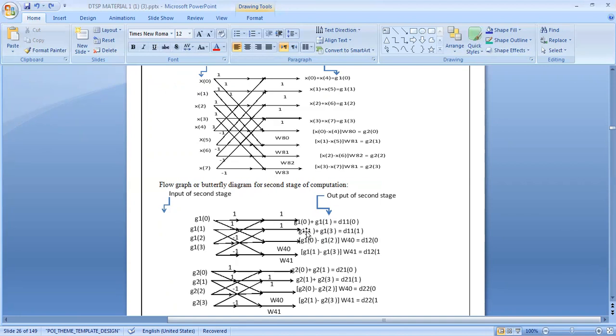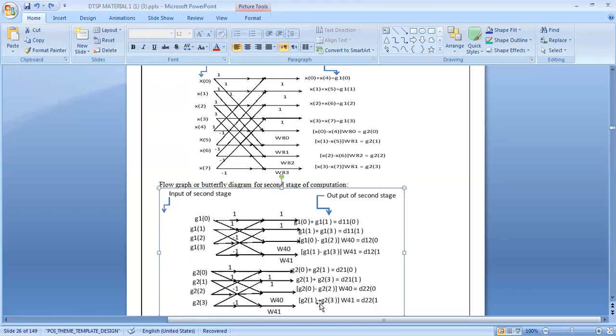What we'll be doing here is adding the values of G1 of 0 and G1 of 2. The next one will be G1 of 1 plus G1 of 3. Then the other values have to be subtracted and multiplied with the twiddle factor. Similarly, we perform for G2 of 0 plus G2 of 2, and G2 of 1 plus G2 of 3.